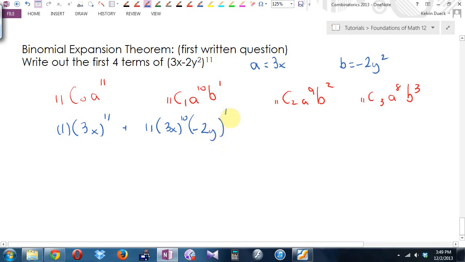You'll notice I'm being really careful. I'm even putting 1s where normally I don't, because I'm normally lazy, not here. Plus, what's 11 choose 2? 55. And there's going to be a 3x to the 9th and a negative 2y squared, plus, what's 11 choose?